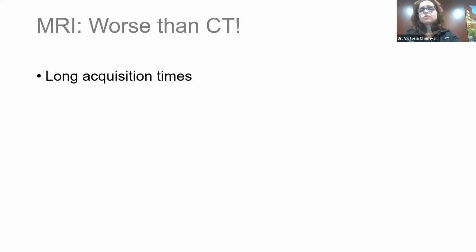But it's not the whole story, because in many respects, MRI is worse than CT. MRI has very long acquisition times. I'm a body radiologist, so I'm going to speak about body here, but abdominal protocols usually range somewhere between half an hour to an hour.